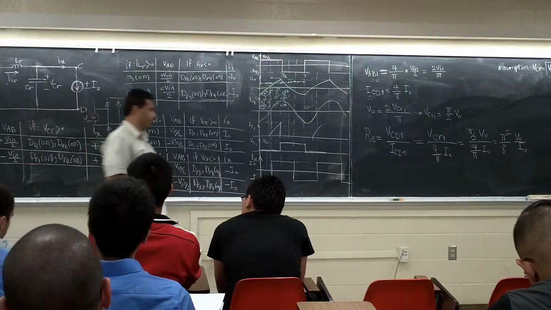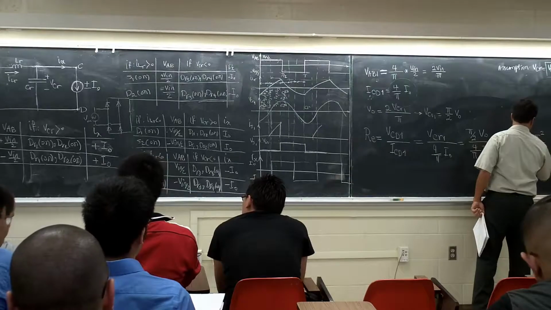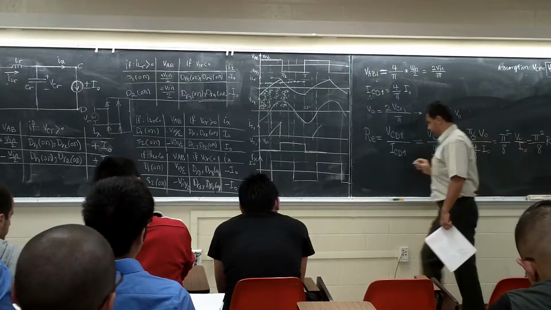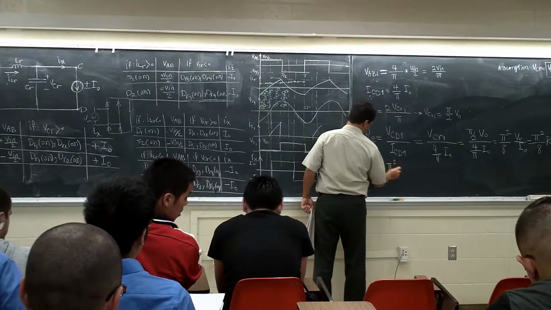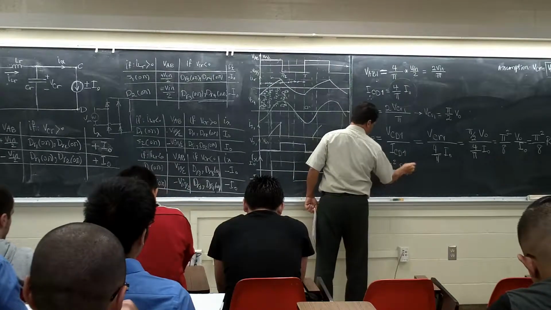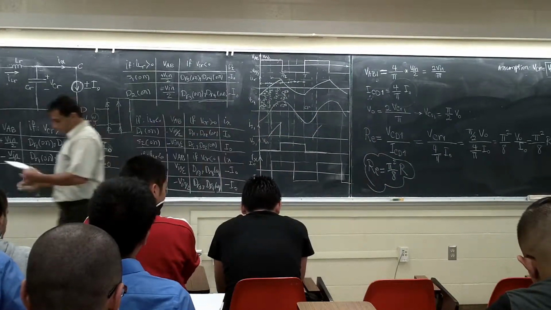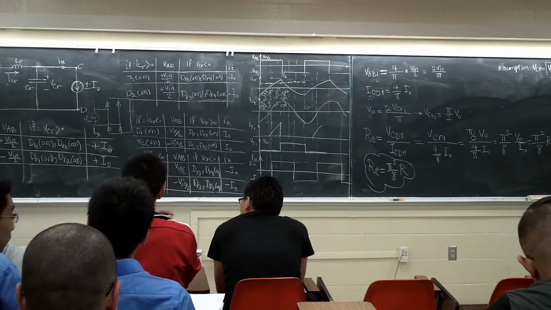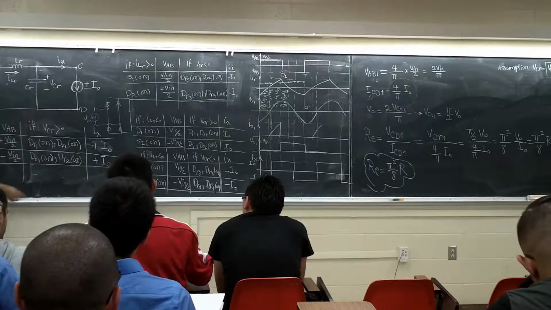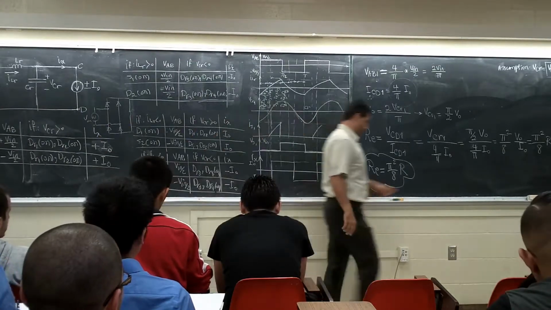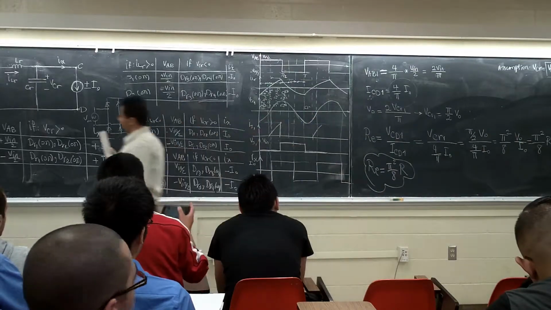It is R. So R effective, like the previous one we had, is going to be pi squared over 8 R. Now, I can rewrite the equation and wrap it up. I'm going to put it here.